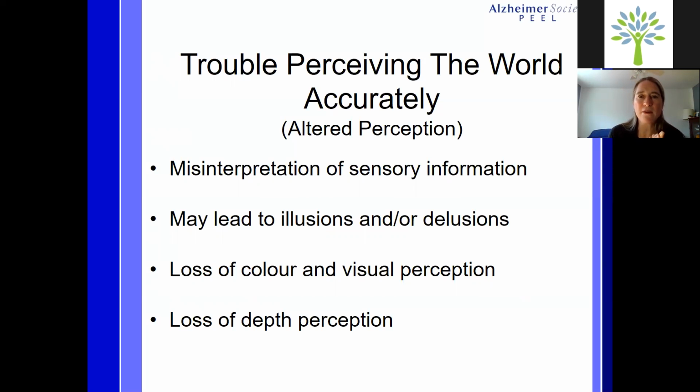So we may find that the client misinterprets that shrub in the backyard as a child or someone looking through the window at night. So this doesn't necessarily happen during the day. The person recognizes with the particular daylight that's coming through that that's a shrub. But then at night, they misinterpret that as being something else.